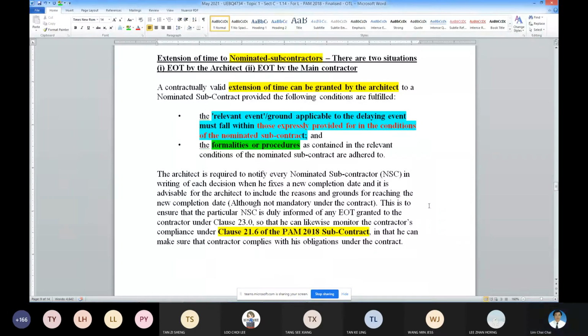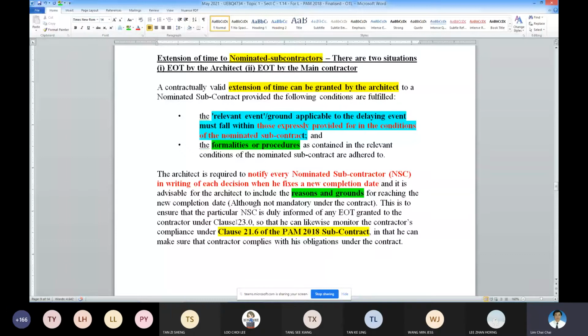Okay, so once the EOT is granted, the NSAs will have a certificate from the architect, and the contractor also receives a certificate from the architect. Also the reasons or the grounds must be given. So these are the new requirements, so that the NSAs can reprogram their work.